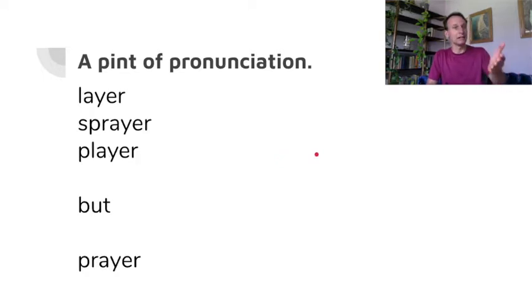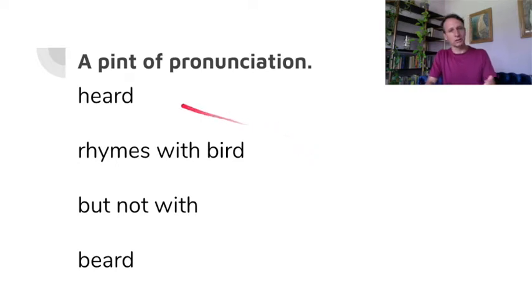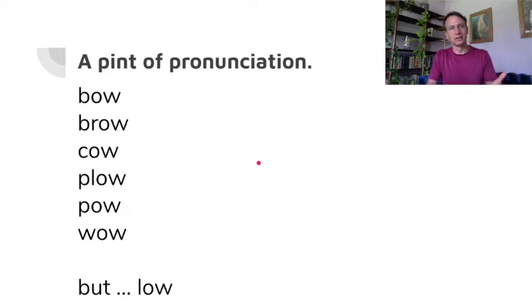All right. Layer, sprayer, player, but the word is pronounced prayer. It rhymes with bear. Why? 'Cause. All right. Look at the word herd. It rhymes with bird, which has that RD, but different vowel. But it does not rhyme, however, with beard, which has the same spelling. Yeah. Makes no sense. English is out to get you.